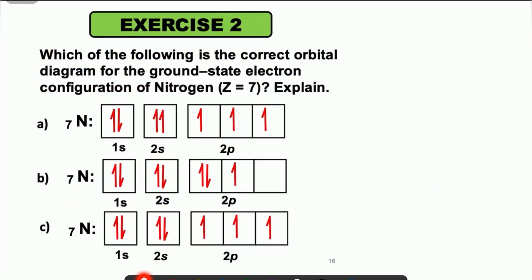Okay, let's see exercise 2. Which of the following is the correct orbital diagram for the ground state electron configuration for nitrogen, with proton number 7? It shows that it has 7 electrons. Okay, the first one, A. Okay, this one is not correct because you can see clearly here for the orbital 2s, the arrows are pointing the same way.